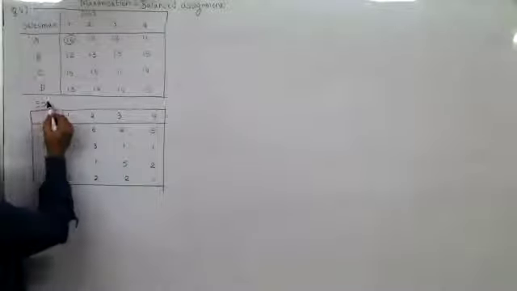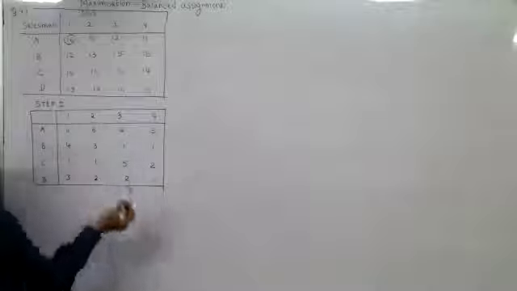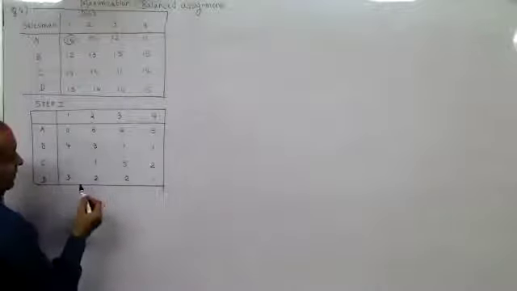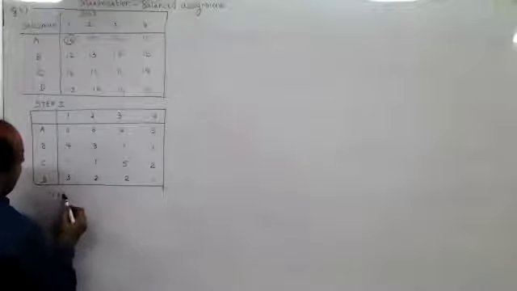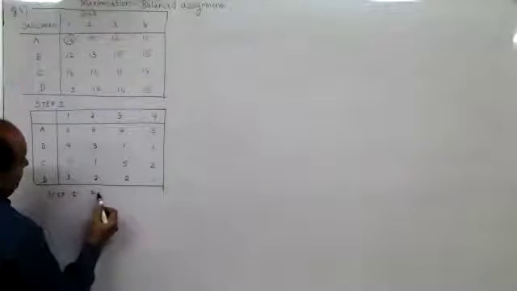Now, this is step 1, subtracting all the other values from the maximum value. Step 2 is row minimization.